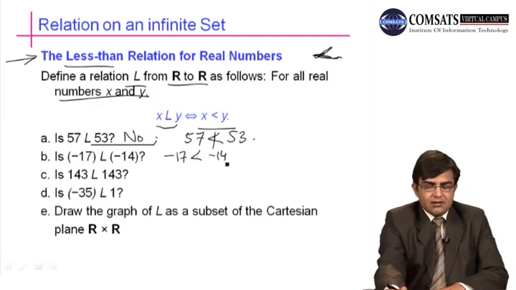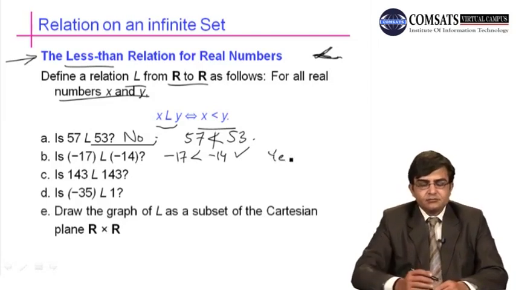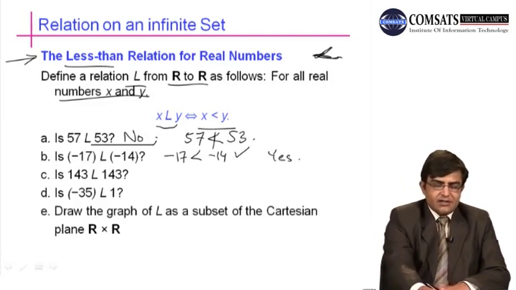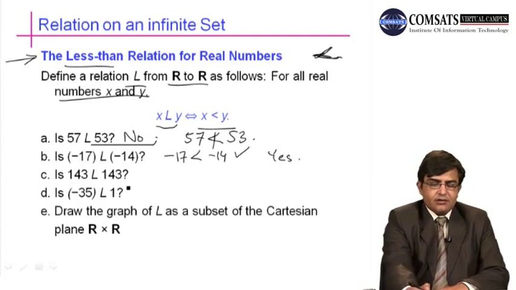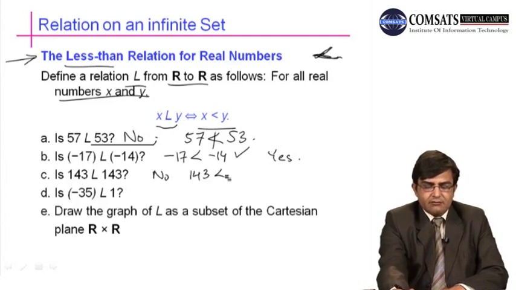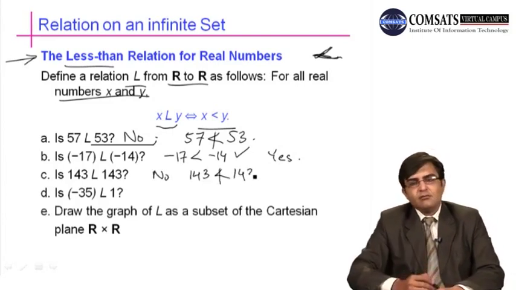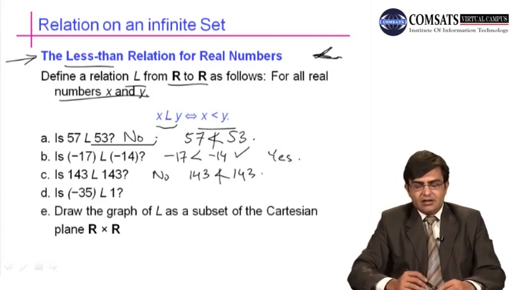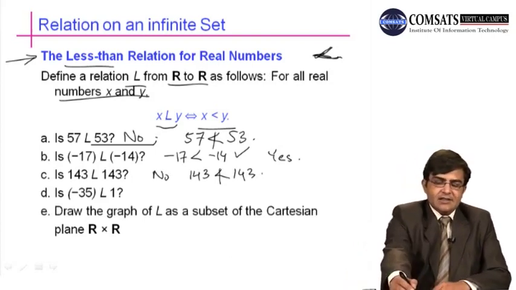This is true, so minus 17 is related to minus 14. Yes. Next, is 143 related to 143? No, because 143 is not less than 143. So 143 is not related to 143 under this relation.